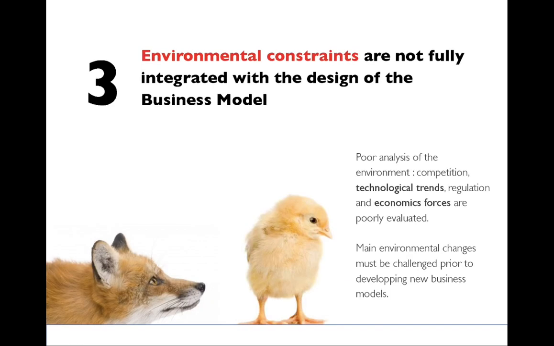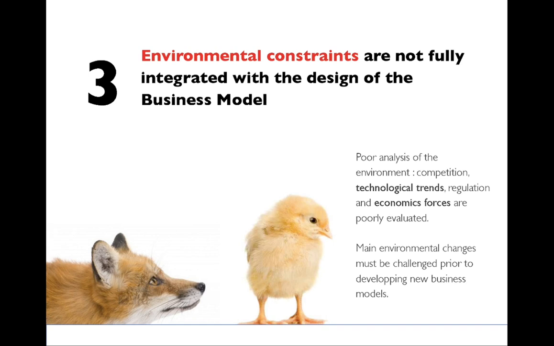Environmental constraints are not fully integrated into the business model. This is becoming more and more of an issue. Environmental issues such as sustainability and making sure that we are being kind to the planet are key. They're an economic force that we need to be aware of.